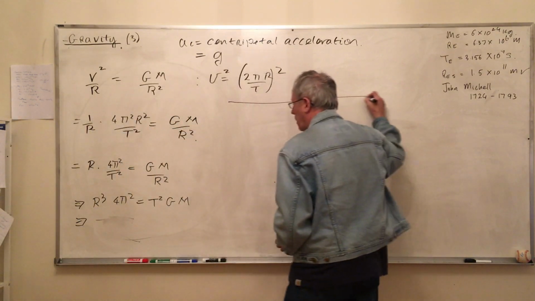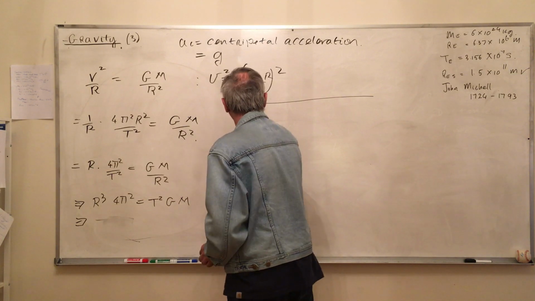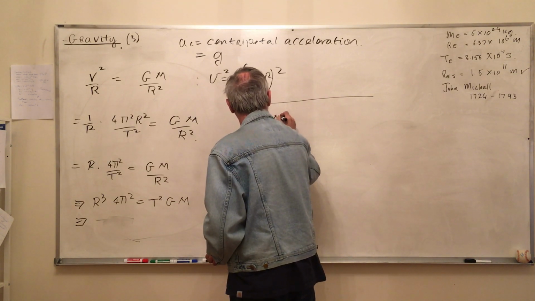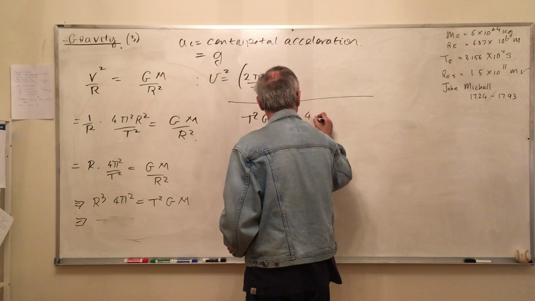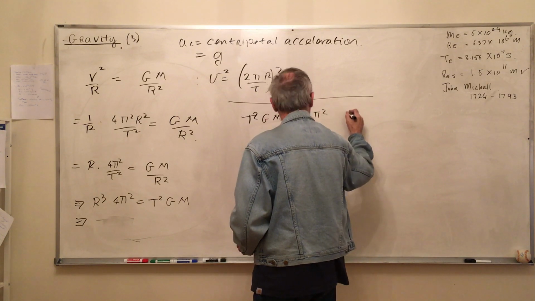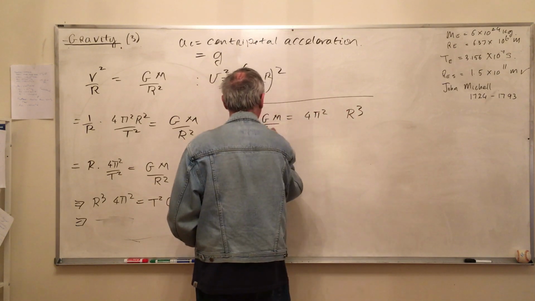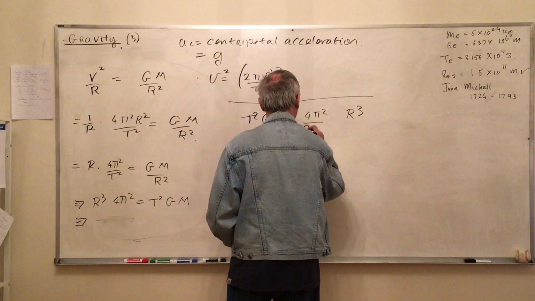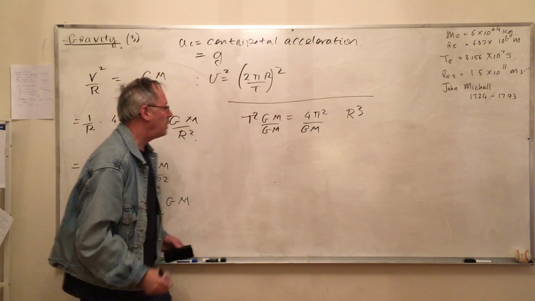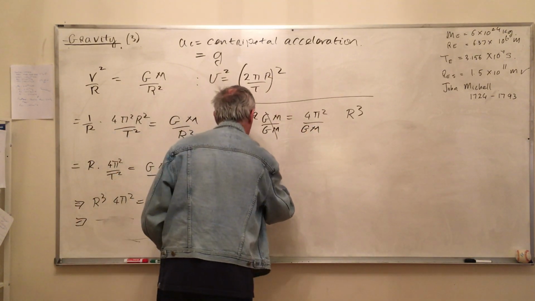And that leaves me with Kepler's law. T squared, divide both sides by GM to cancel out the GMs.